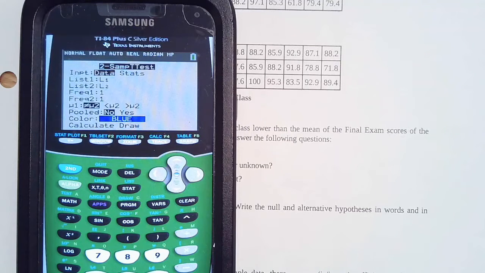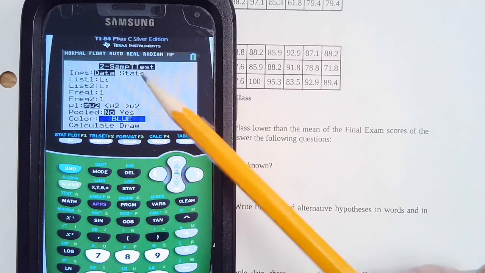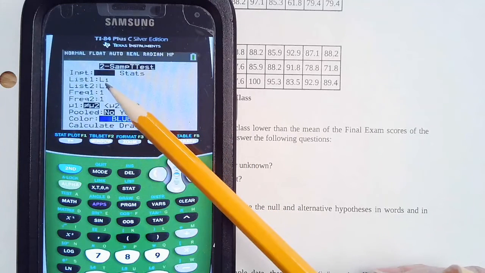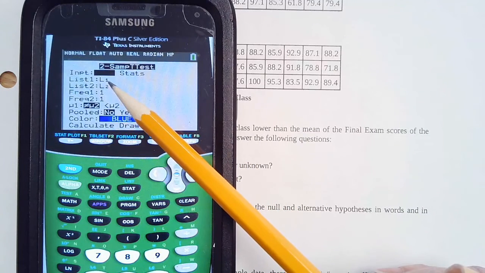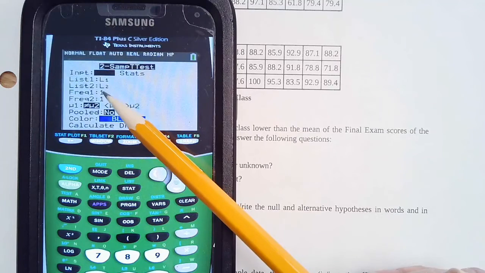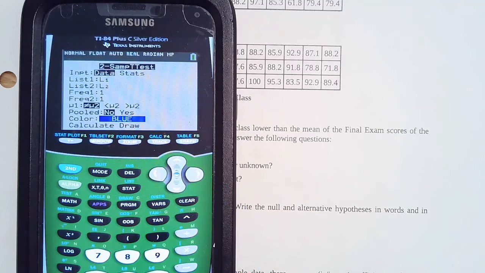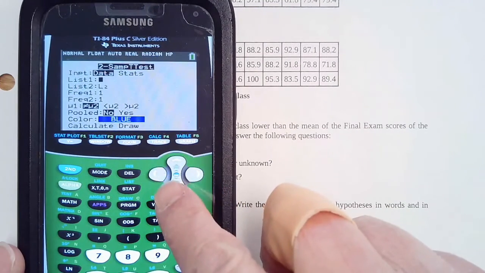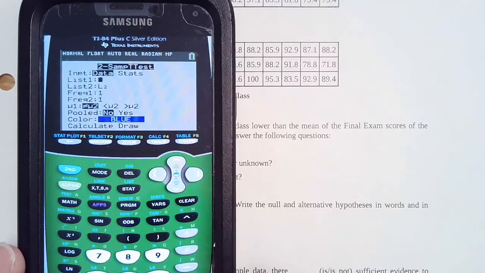Okay, so we're going to do a two-sample t-test, and we're going to use data. I've already put this information in. I've got my list 1 and my list 2, and my frequency on both of those is 1. And we're going to see if they are different.